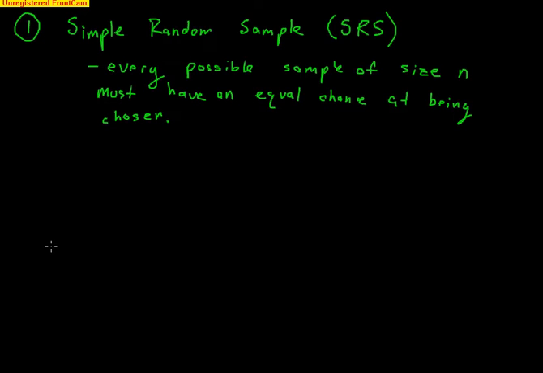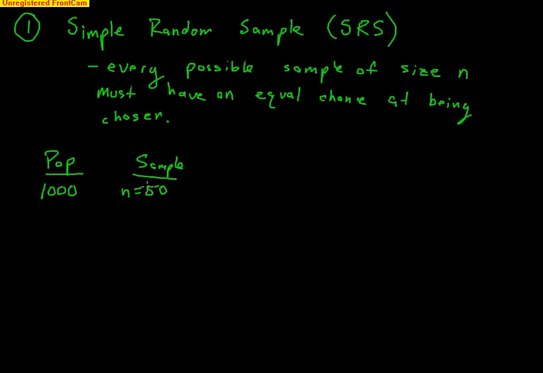So let's just say that my population is 1,000 students at John Smith High School. Then I want to choose a sample of 50 of them, and n is your sample size. So if I want to choose 50 students from a population of 1,000, every possible group of 50 students must have a chance of being chosen.